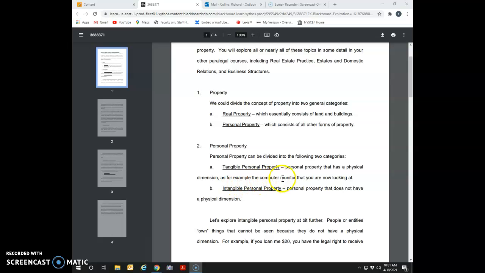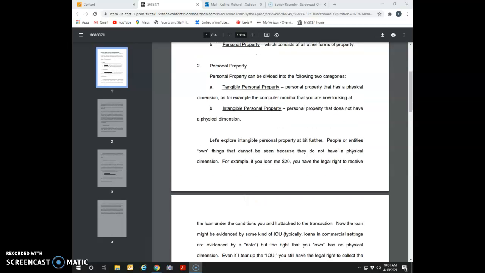For example, if you're looking at a desktop or a laptop, your computer monitor, your smartphone, if that's what you're looking at. But we also have this category of personal property known as intangible personal property. And it is personal property that simply doesn't have a physical dimension.